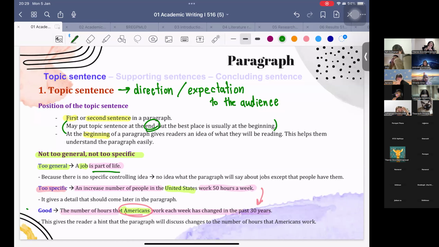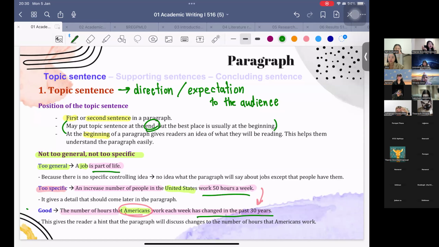Instead of saying work 50 hours, you say it has changed in the past 30 years. For the audience, if they want to know what changed and how it changed, they need to keep reading. So it would be a more suitable topic sentence instead of being too general or too specific.